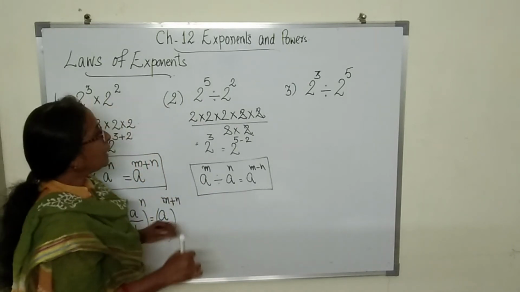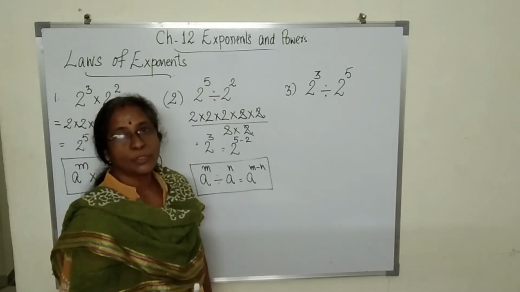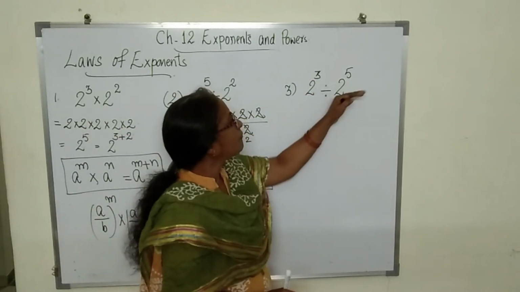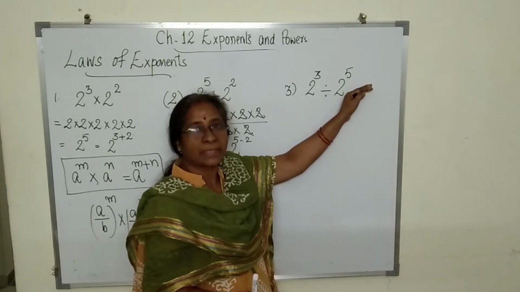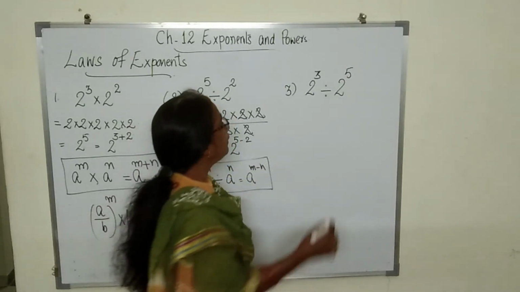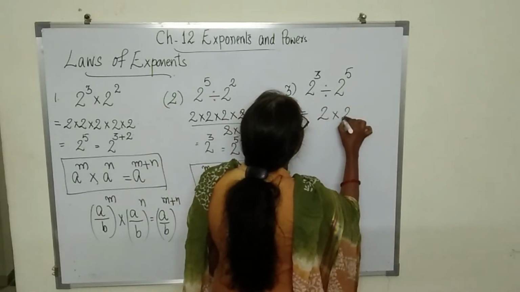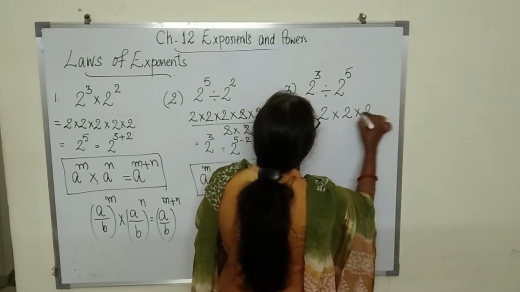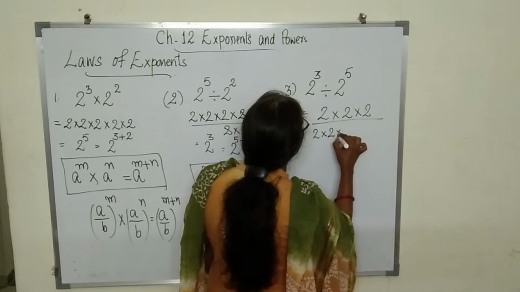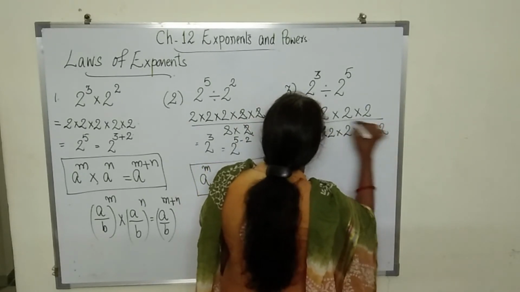Now this is possible because 5 is greater than 2. If the denominator has a power greater than the numerator, how will you do it? See here, 2 into 2 into 2 upon 2 into 2 into 2 into 2 into 2.